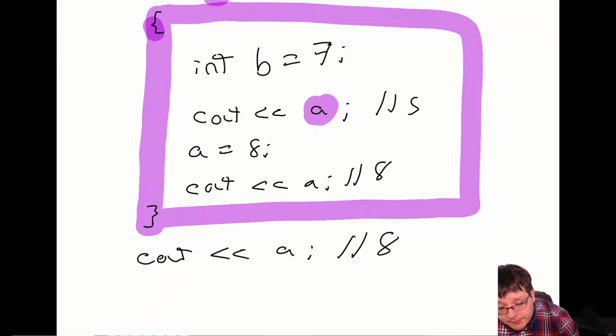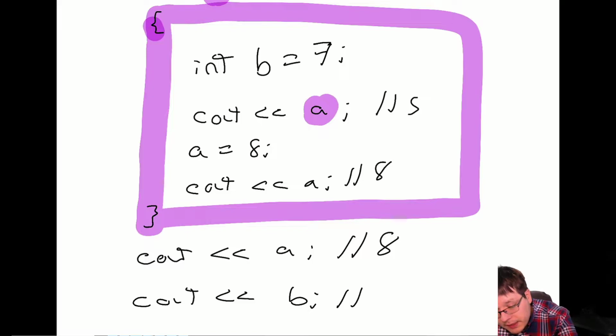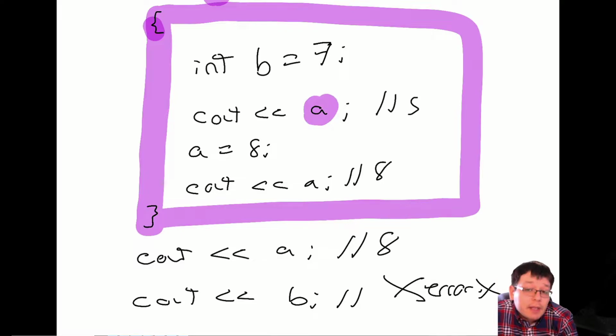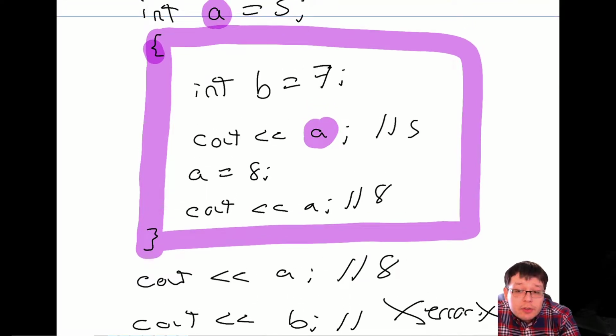But here's the thing. If I try out here to cout B, it's not going to work. It's going to give me an error because variables can only reside in their scope, in their local scope. This is known as the local scope. They cannot be accessed outside of that.